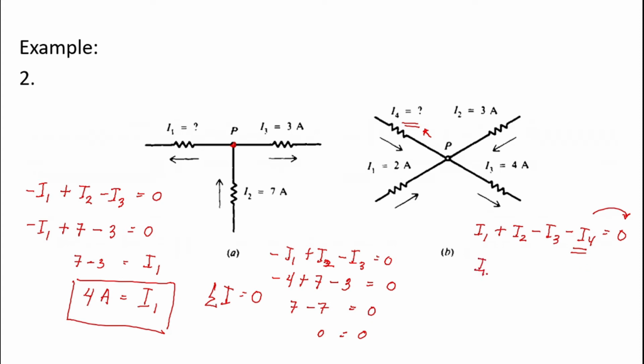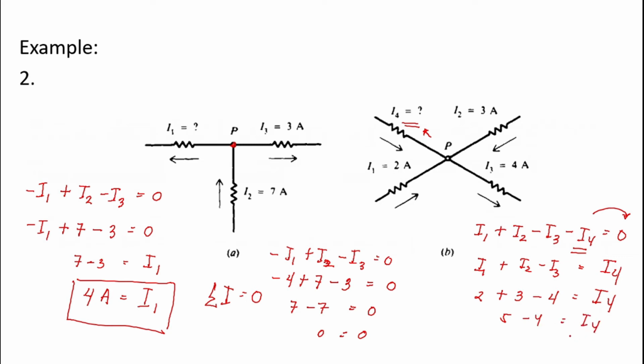So, I1 plus I2 minus I3 is equals to I4. Okay? Substitute the value. I1 is equals to 2. I2 is equals to 3. So, plus 3. I3 is equals to 4. Minus 4 is equals to I4. So, 5 minus 4 is equals to current 4.